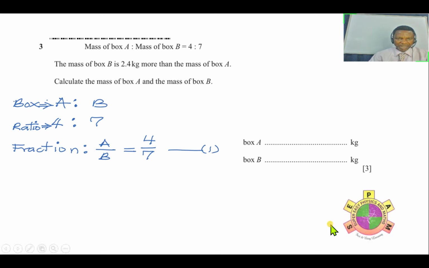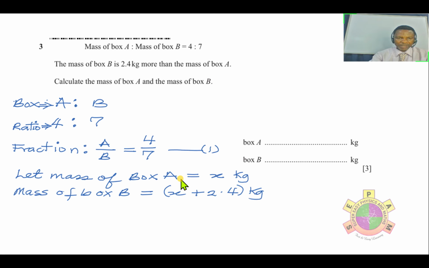In every calculation we are doing now, the numerator will be bus A, and the denominator bus B, since we are looking at the ratio of bus A with respect to that of bus B. So this gives us the first equation. Then the next one is to create an equation that has to do with the ratio of the masses.